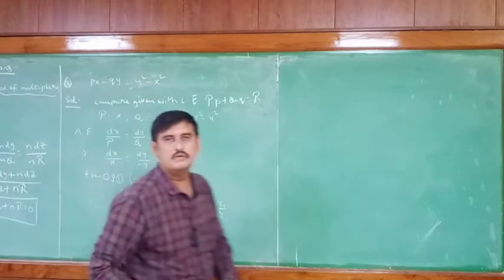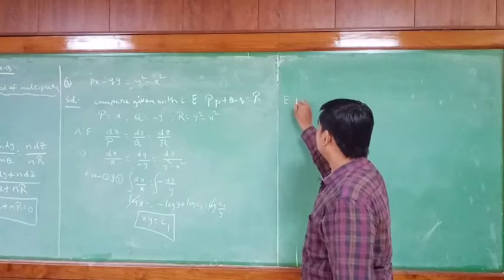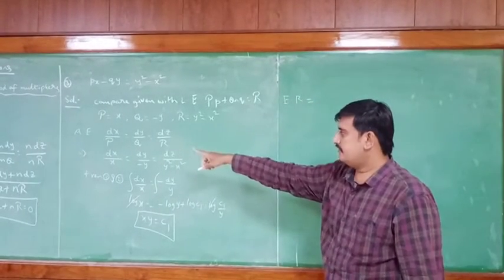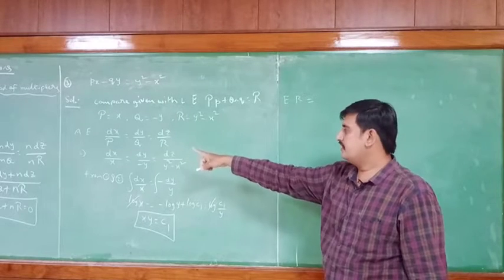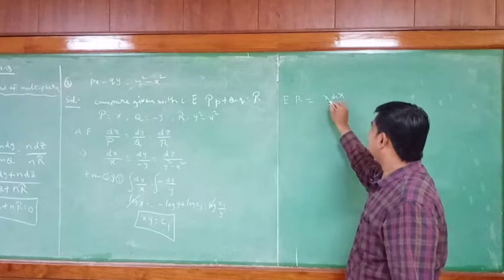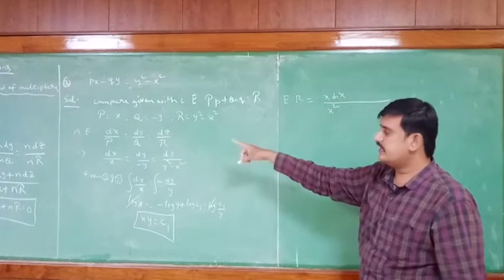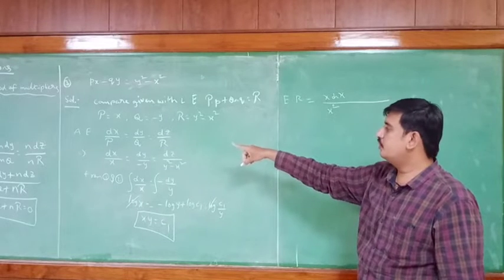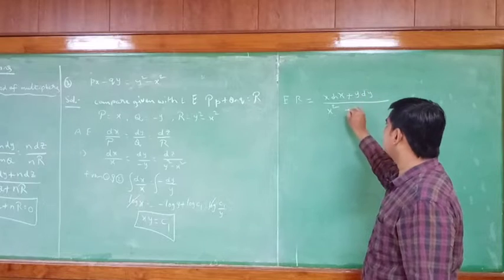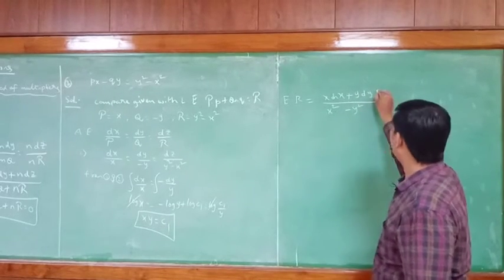So, what we have to do for the method of multipliers? Each ratio, I am multiplying the first ratio with x dx, and in the denominator it becomes x square. Second one, multiplying numerator and denominator with y dy, plus into minus y square, and the third one as it is with 1.